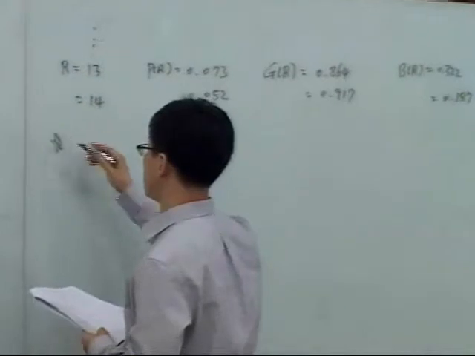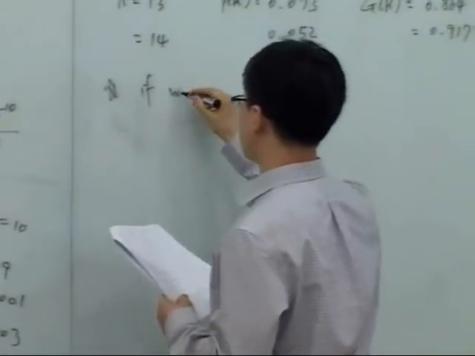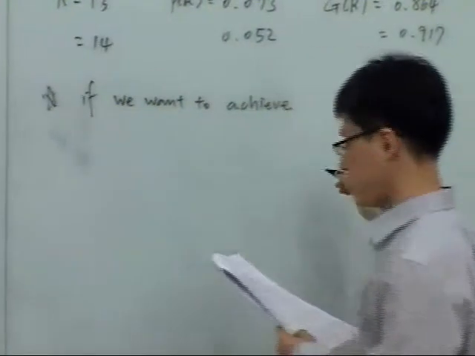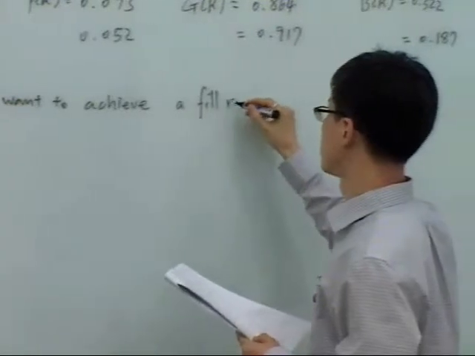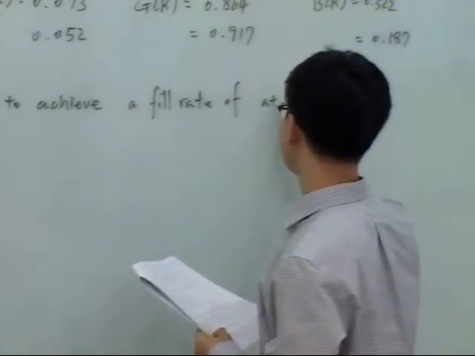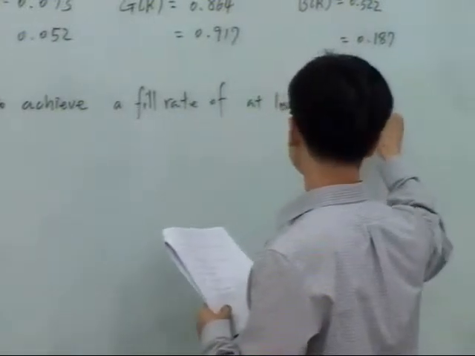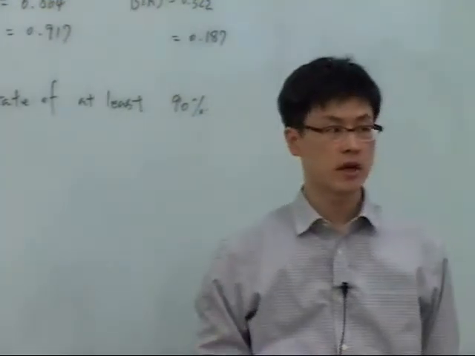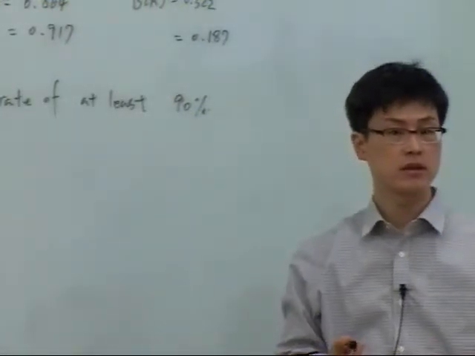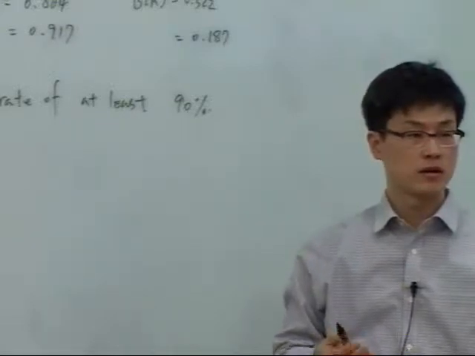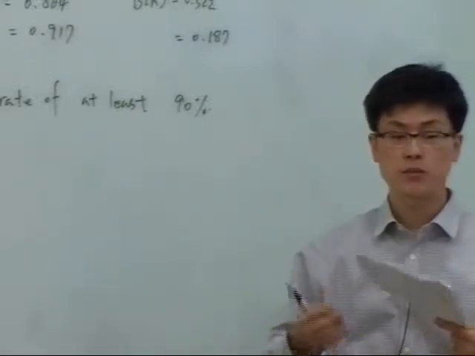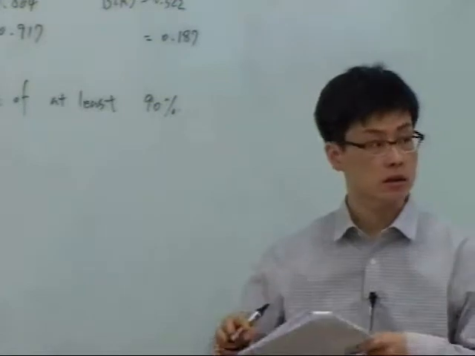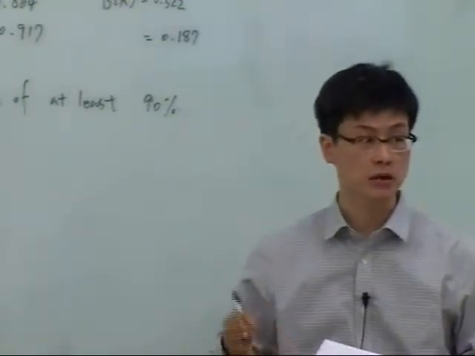Okay, so if we want to achieve a fill rate of at least 90%. A 90% fill rate means the fraction of orders that are satisfied by the on-hand inventory, not backordered, right?